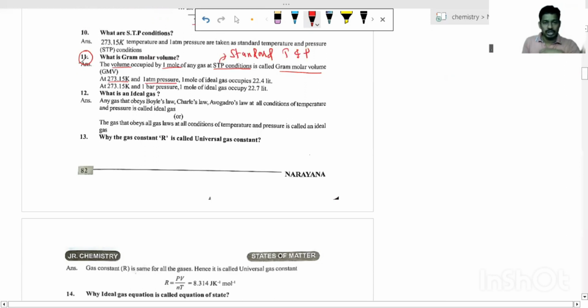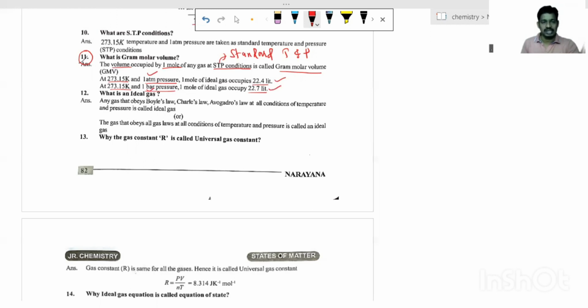At 273.15 Kelvin and 1 atmosphere pressure, 1 mole of ideal gas occupies 22.4 liters of volume. Or at 273.15 Kelvin and 1 bar pressure, 1 mole of gas occupies 22.7 liters. Here you have to observe the difference: when atm is considered, it is 22.4 liters; if you consider 1 bar, it is 22.7 liters. So this is gram molar volume.